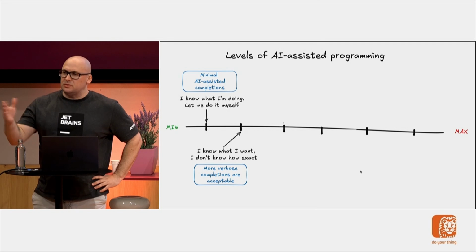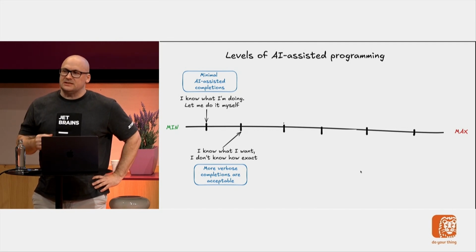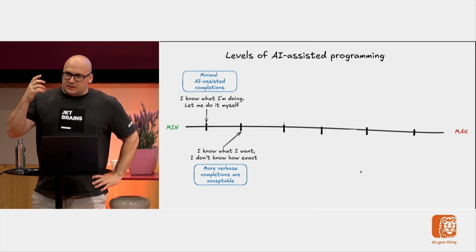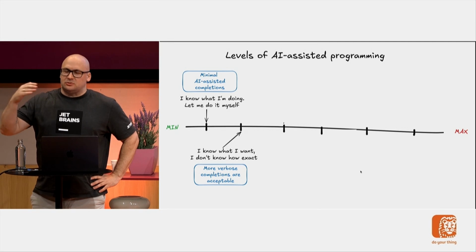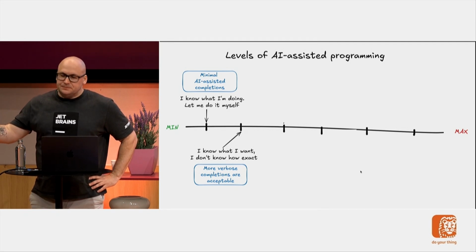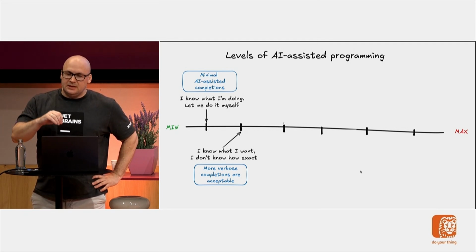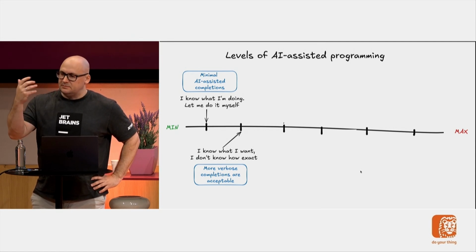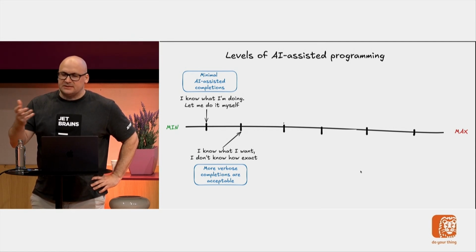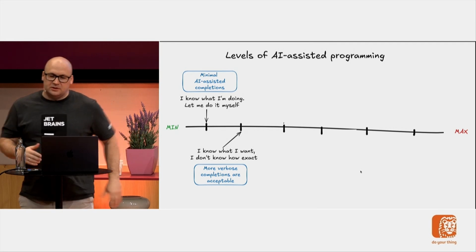We still know what we want to get. We have the control over this. We are letting some of the control go because we are not typing every character, but we can still accept the suggested paragraphs or suggested snippets, either word by word or line by line or at once.